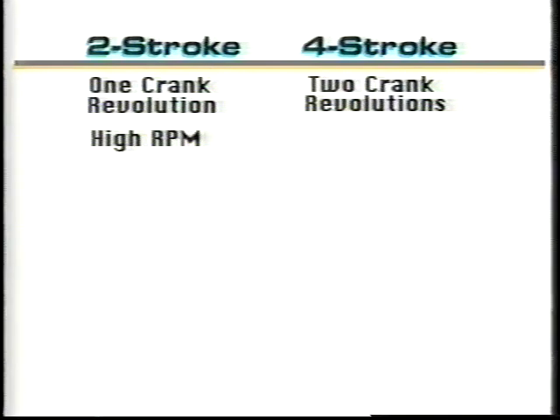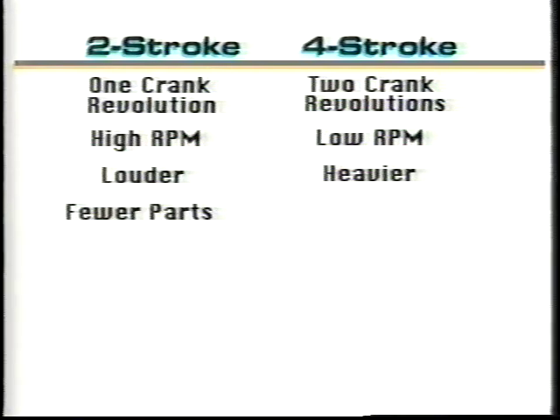A 2-stroke engine is a high RPM engine, while a 4-stroke engine produces good power at lower speeds. A 2-stroke engine is normally louder than a 4-stroke engine. 2-stroke engines are typically lighter and smaller than comparable 4-stroke engines, and a 2-stroke engine has fewer moving parts.